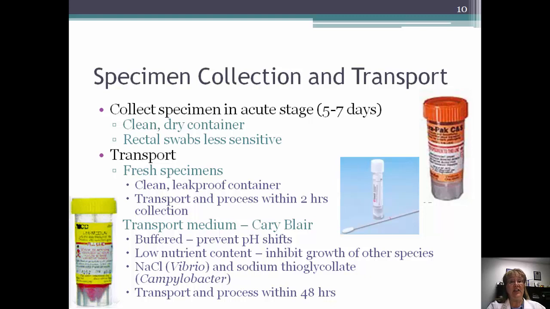Also, it greatly increases your allowable transport time up to 48 hours. Also, I've included in this slide something relatively new for you flocked swab users. There's actually also now a fecal swab transport media that's available, which also has Cary-Blair in the transport tube.